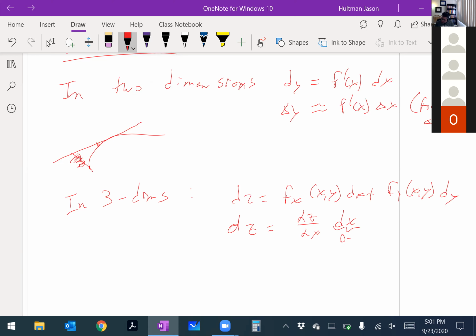This is a partial derivative. This is a partial. This is not a partial. This is a first derivative. Well, it's a differential. It's called a differential. It's the differential on x.